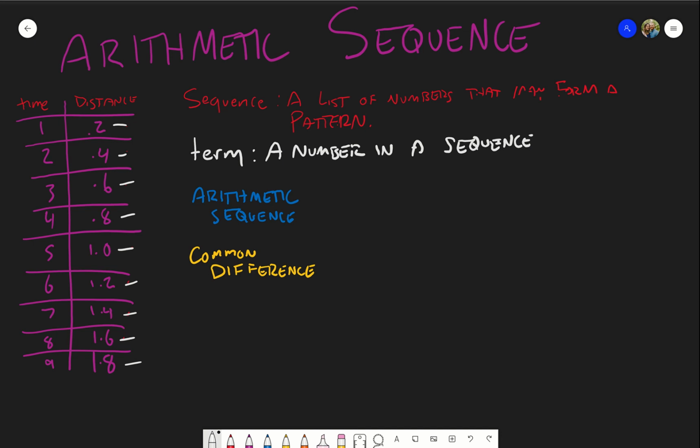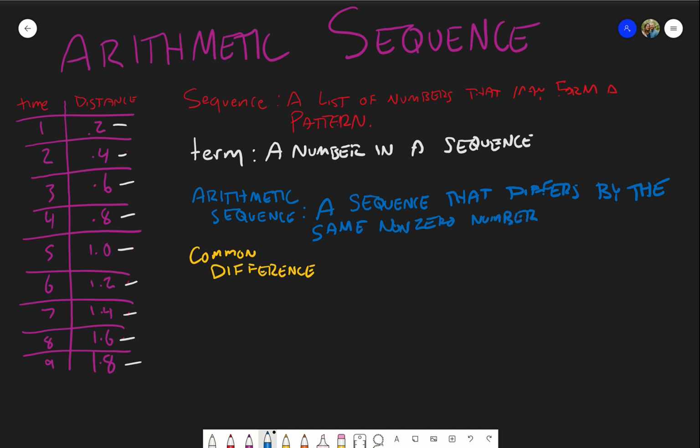All right. Now, specifically an arithmetic sequence is a sequence that differs by the same non-zero number.